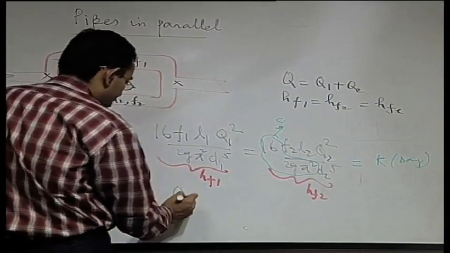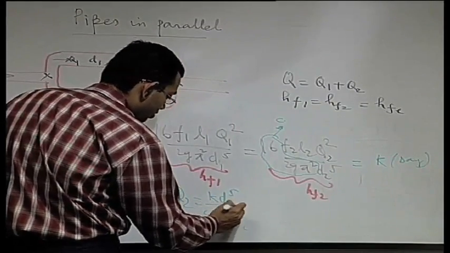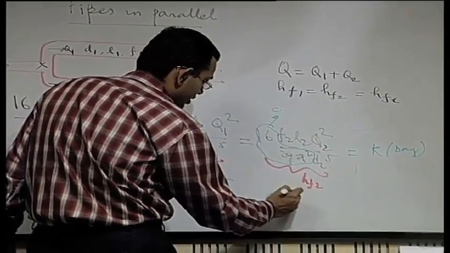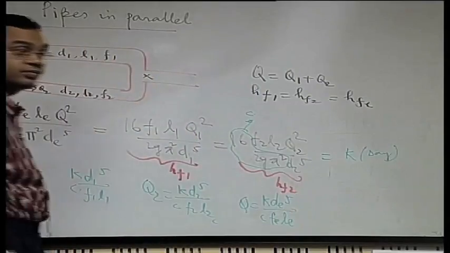Similarly Q2 is equal to K into d2 to the power 5 by C F2 L2, and Q is K d to the power 5 by C Fe Le.